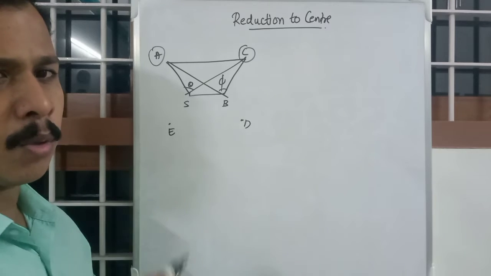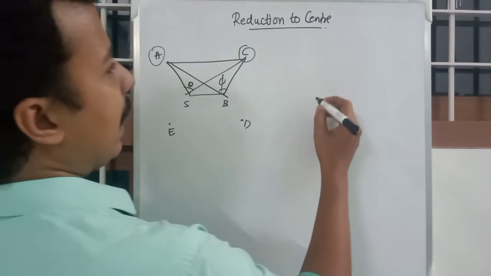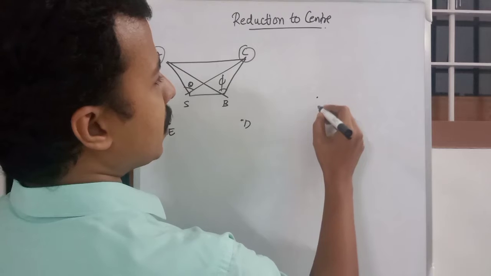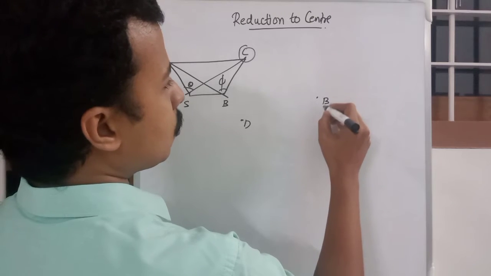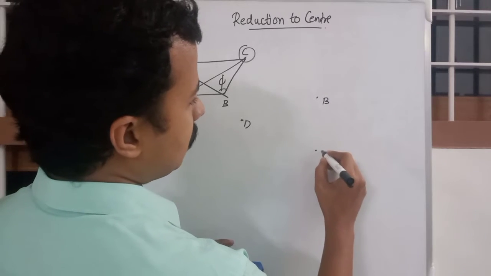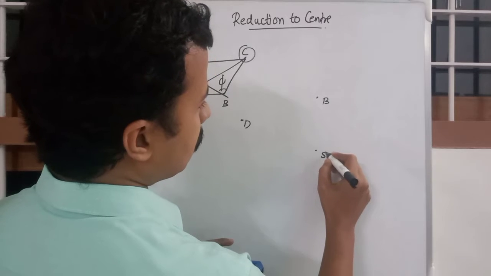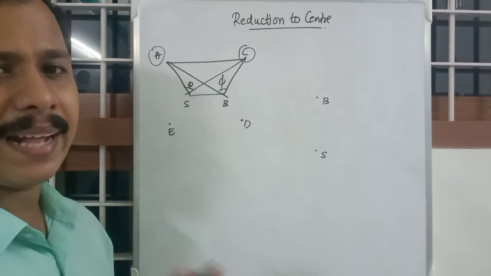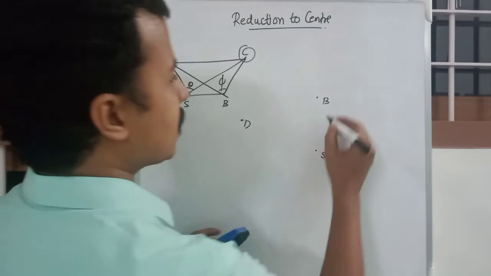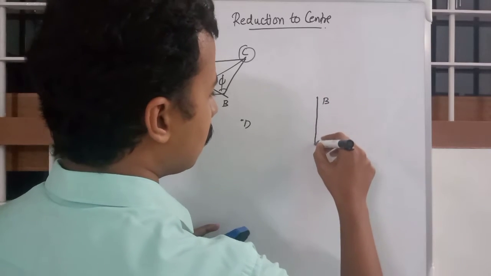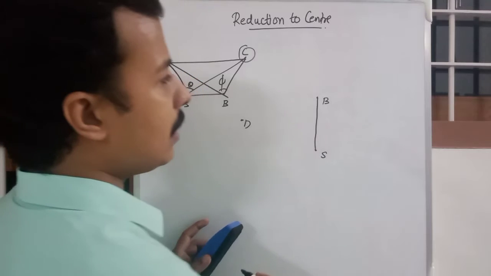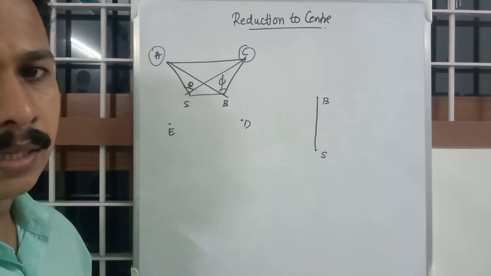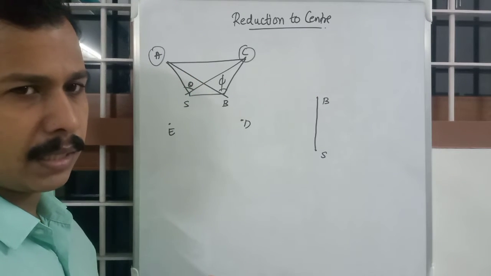And there is one more peculiarity: all the angles will be measured, suppose this is true station and this is satellite station S. All the angles will be measured from the line joining true station and satellite station, okay.